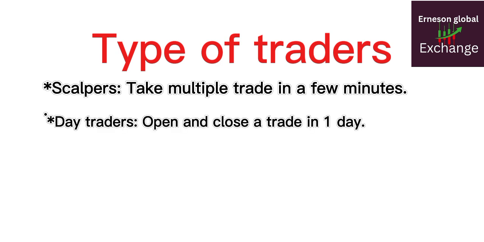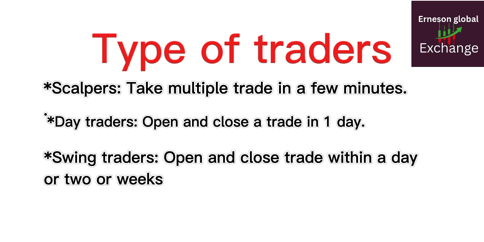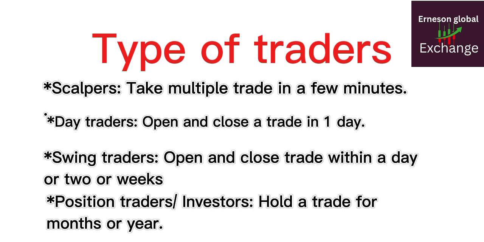While the day traders open and close a trade in one day, within 24 hours. The swing traders open and close trades within a day or two, even within a week. That is swing traders for you. Then lastly, the position traders or investors may hold a position for months, for as long as possible.